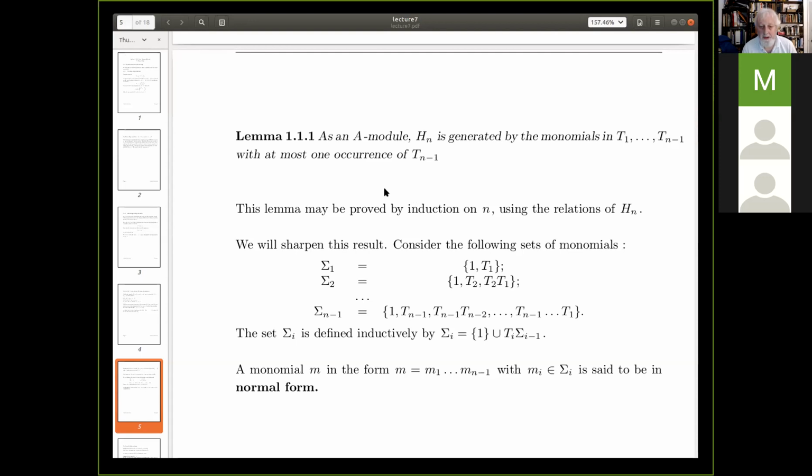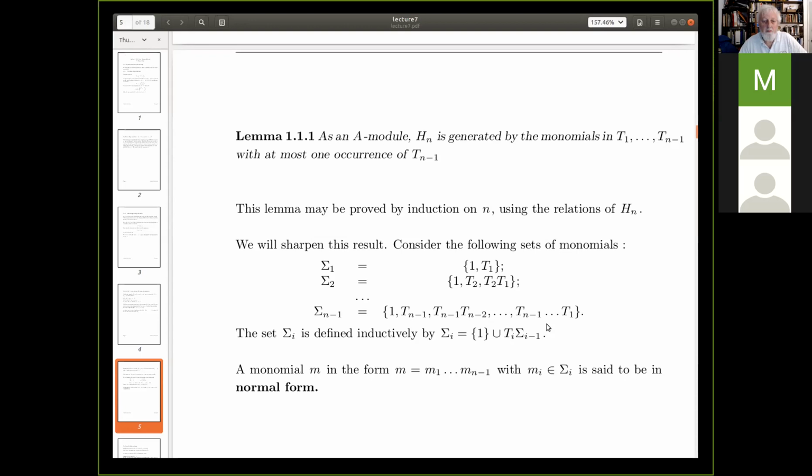We're going to slightly improve this result. So consider the following set of monomials. Sigma 1 is 1 and T1. Sigma 2 is 1, T2, T2 T1. And generally, sigma n minus 1 is 1, Tn minus 1, Tn minus 1 Tn minus 2, and so on, down to T1.